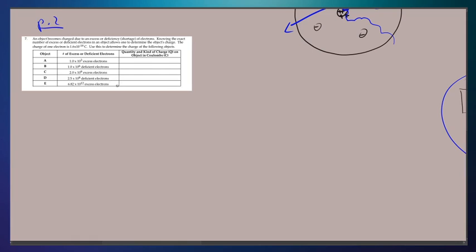Eventually we'll get to this table, and to complete this table I have to give you some information. So we're going to define the charge of an electron as well. In general, Q is the symbol for charge. So charge is in general represented by letter Q. Could be capital Q, could be lowercase q, doesn't really matter.